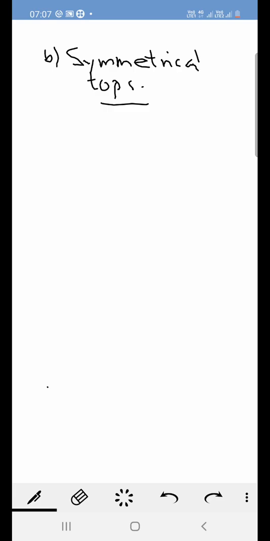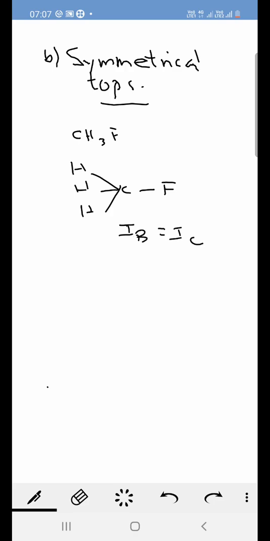An example of a symmetrical top is CH3F, where three hydrogen atoms are bonded to a carbon atom, and then F. Similar to the linear molecule, here also the end over end rotations, both in plane and out of plane, are equal. The only difference is that since this part is very heavy and big, IA is not equal to 0. It is quite significant.